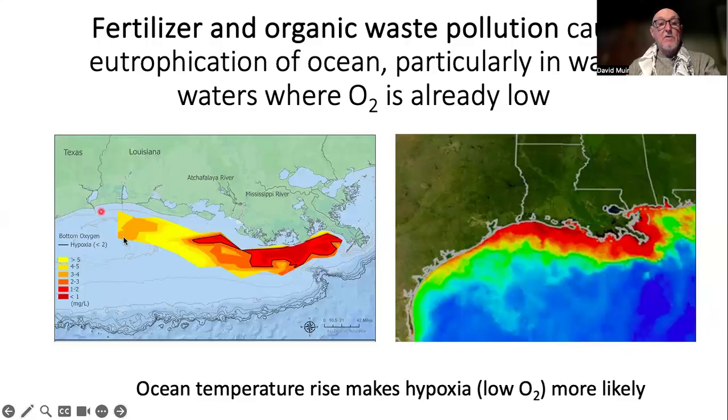This is a graphic of it plotted out according to the amount of oxygen. And this is actually a satellite photograph looking at particular kinds of algae which are indicators of eutrophication. And eutrophication is this process of overgrowth of algae, which ultimately leads to hypoxia in the water.